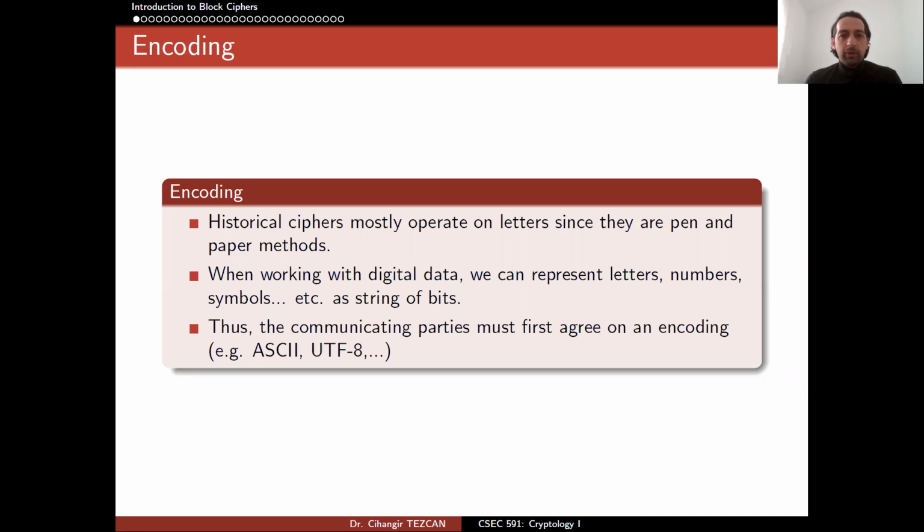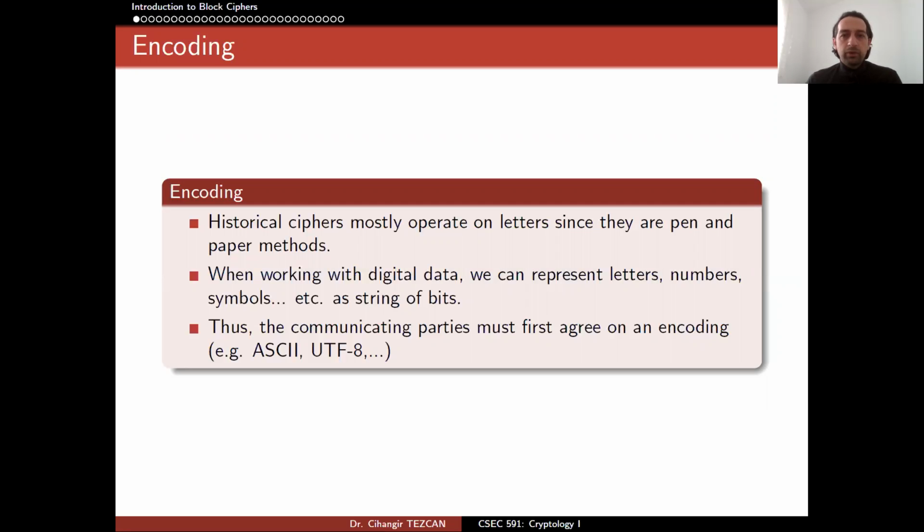Historical ciphers mostly operate on letters since they are pen and paper methods, and when working with digital data we can represent letters, numbers, symbols, etc. as strings of bits. Thus, the communicating parties must first agree on an encoding. When I teach applied cryptology, I also give examples about historical ciphers and how you do operations on letters by using pen and paper methods.